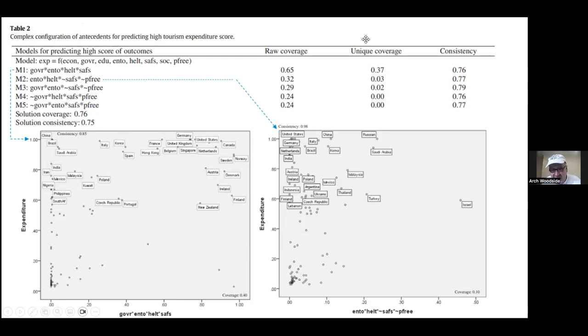And this is an XY plot of another model where the consistency is 0.98. But this model actually is not very good. This is model 2, and the reason I say it's not very good is that you have nobody above 0.5.